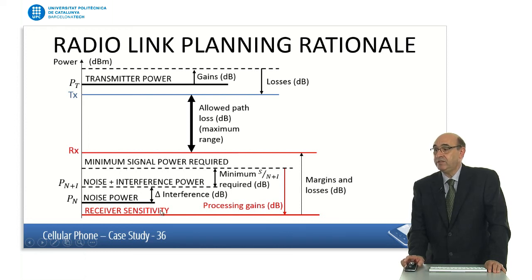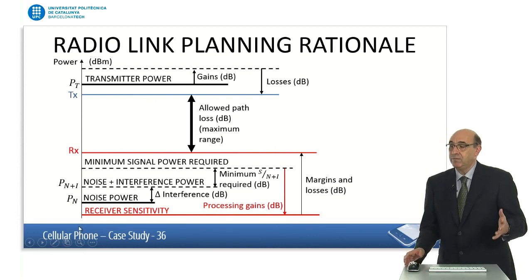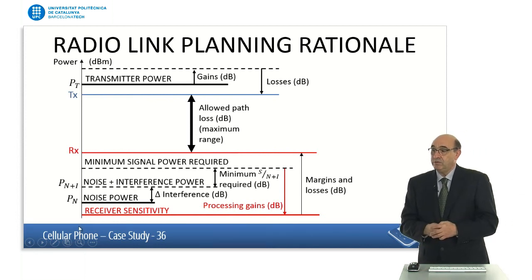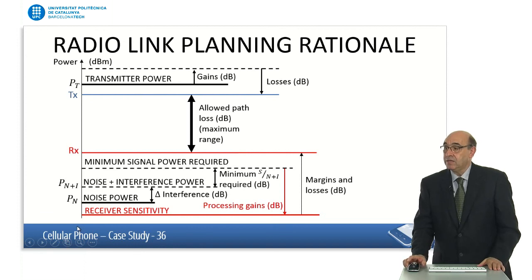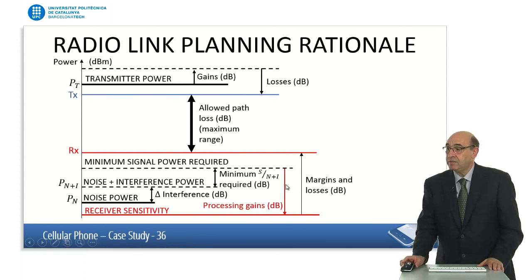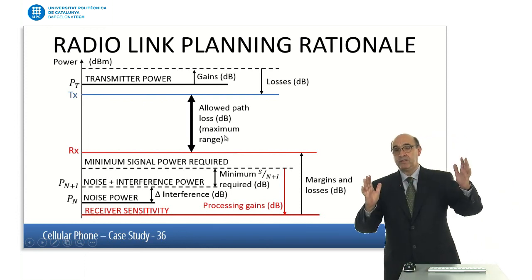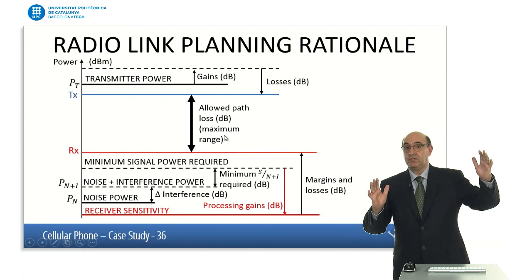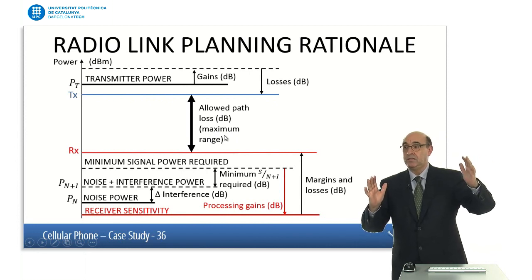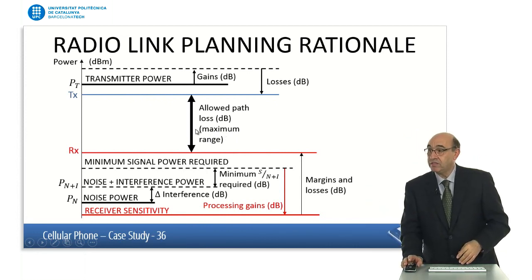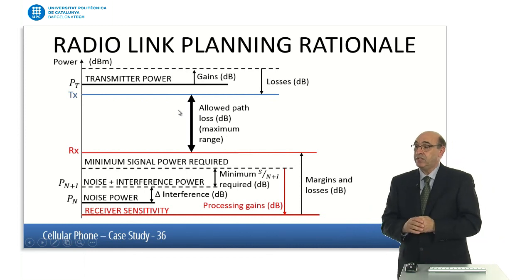This will define the receiver sensitivity, the minimum signal you need to process, and this is affected by the gains and the margins. And with this, once you have the path loss, you can also find the range. You can see how far away from the phone or the base station you can be and still be within this allowed range.